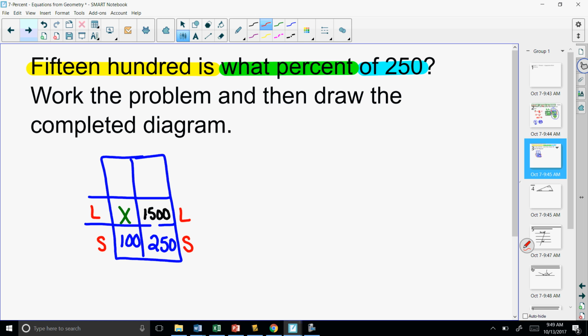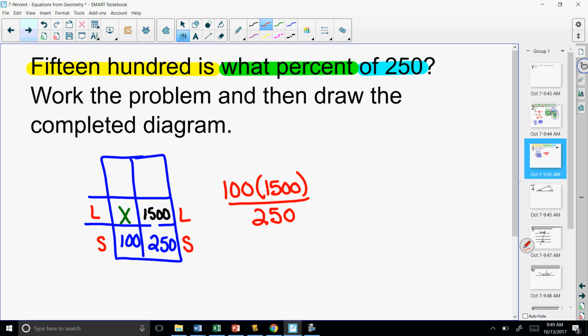Maybe your paycheck now is 150% of what it used to be if the original was 100%. So we're going to cross multiply and divide this. I take 100 times 1500 and divide by 250.